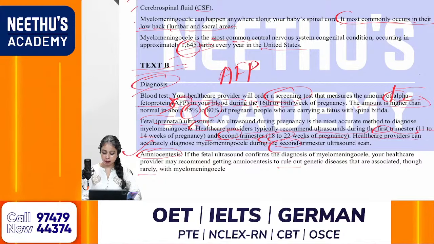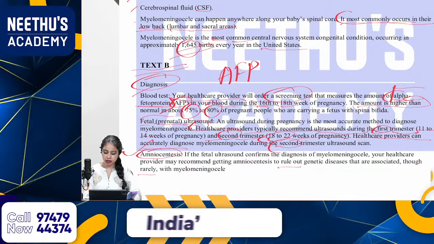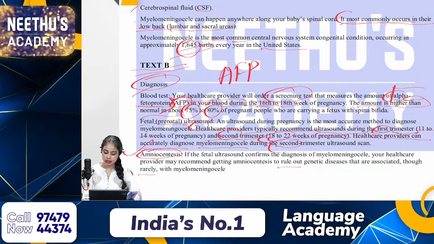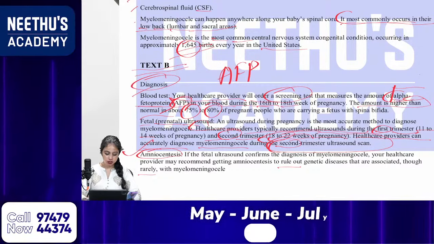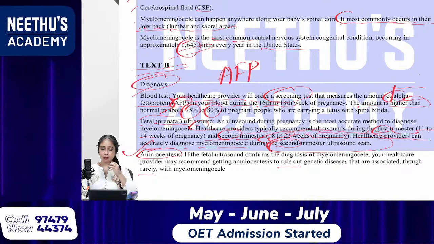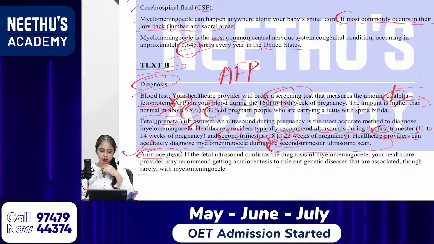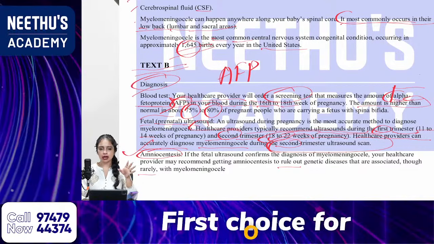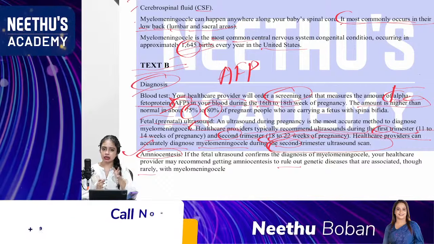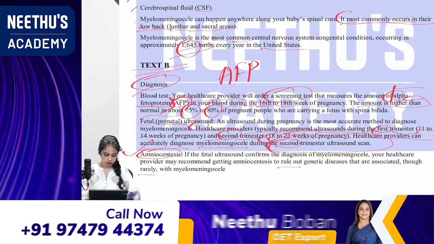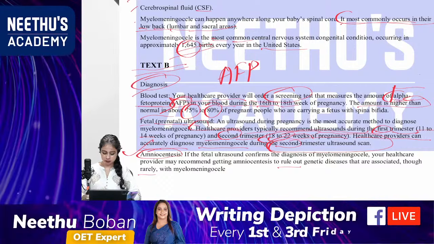Okay, healthcare providers can accurately diagnose myelomeningocele during the second trimester ultrasound scan. So which trimester? Answer should be second. Trimester is already mentioned in the question, so you don't have to write it again. Answer should be second. Clear? So you don't have to write second trimester, answer is second. Okay, Megha, it should be second.